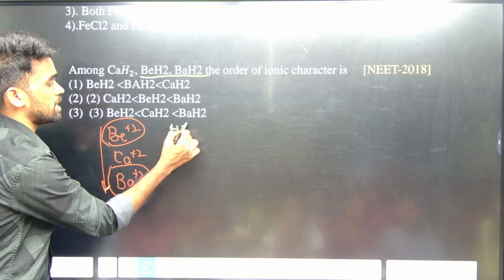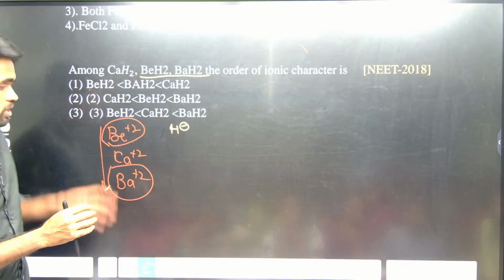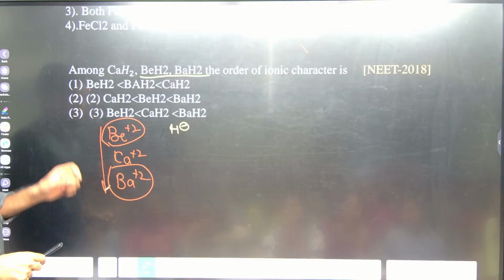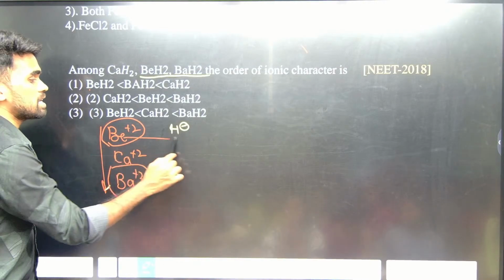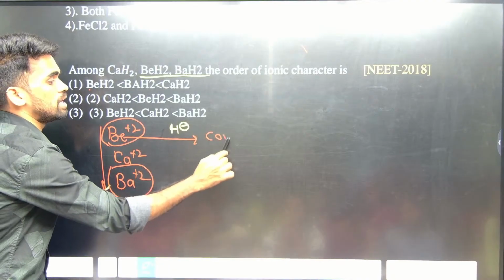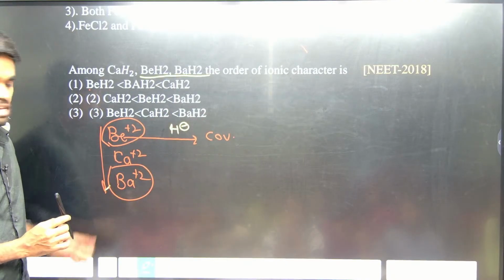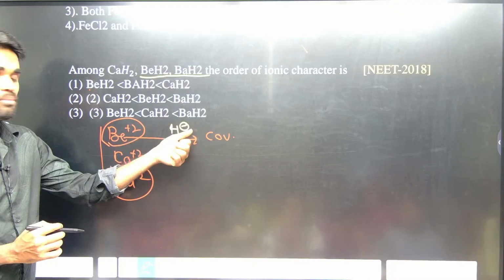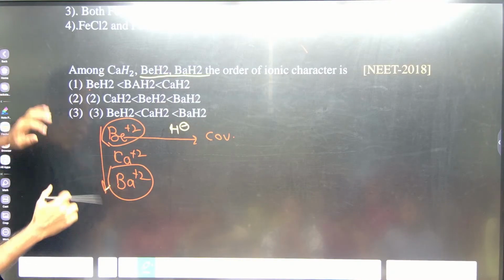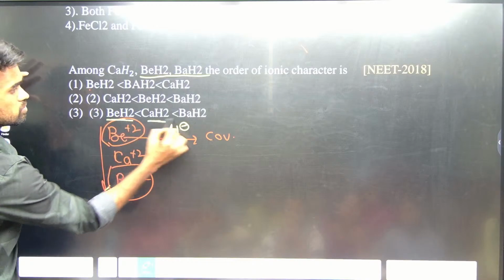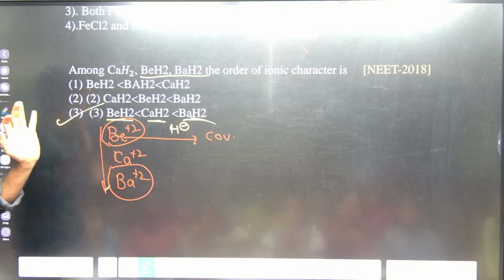Hydrides means H- only, so the anion is the same. You can answer with respect to the cations. Which is the small size cation here? Beryllium. A small size cation results in a more covalent compound. More covalent means least ionic. Which is the least ionic? The least ionic is this one, next this one, next this one. That is your answer. Okay, got this?